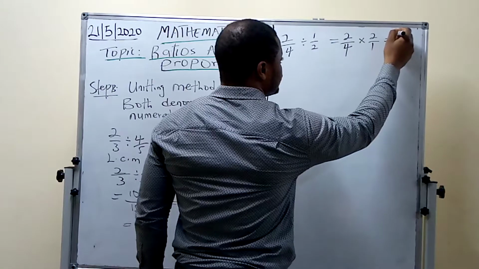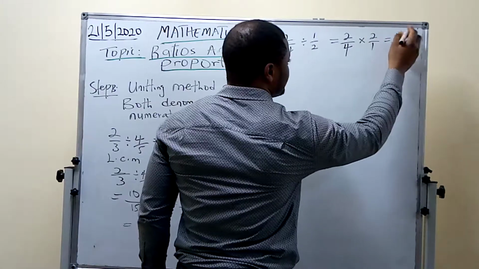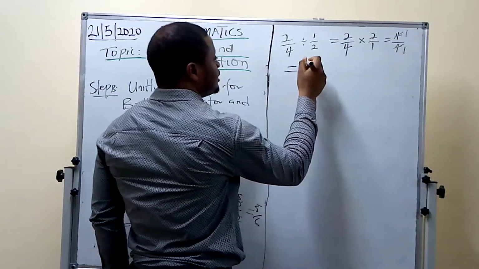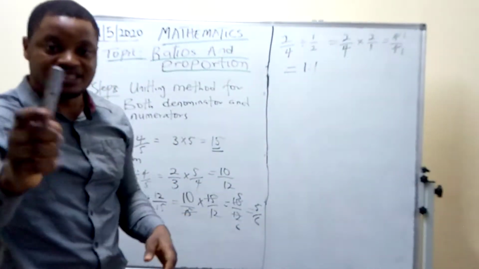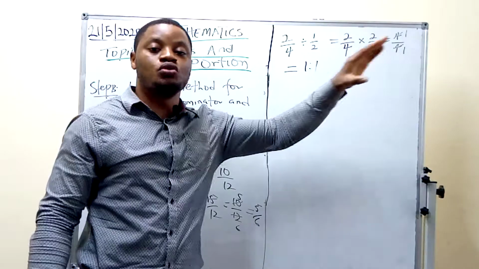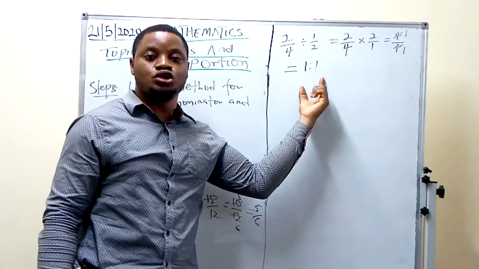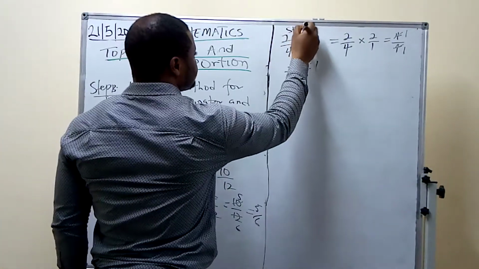And 2 times 2, that is 4. 4 times 1, 4. So our final answer is what? 1 ratio 1. You can't say your answer is 4 ratio 4 because you can still divide it to the lowest fraction. So our final answer is 1 ratio 1. This is the first step.